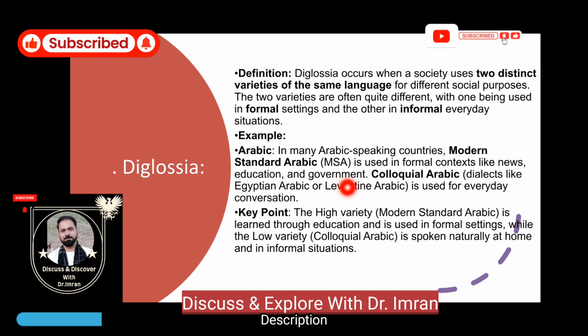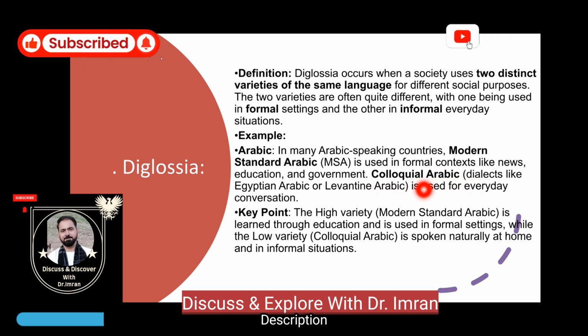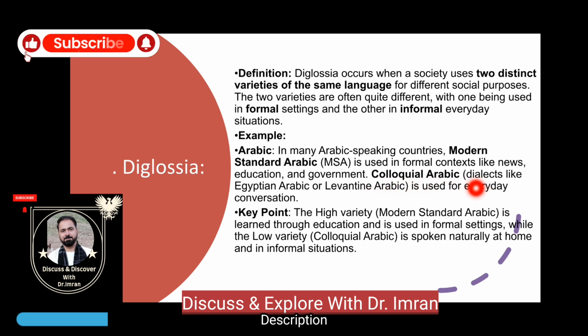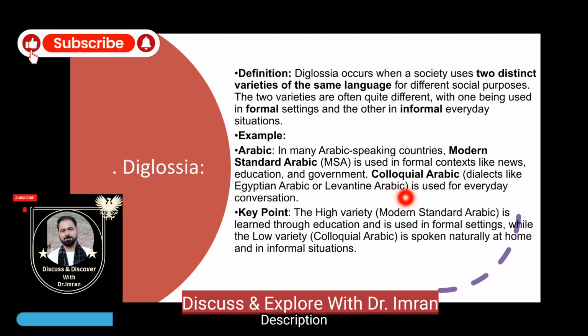And then we have colloquial Arabic. Colloquial Arabic might not be understandable because it varies from country to country and region to region. So colloquial Arabic dialects like Egyptian Arabic or Levantine Arabic are used for everyday conversation. So it varies region to region.